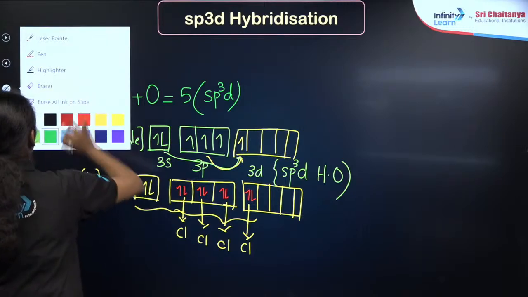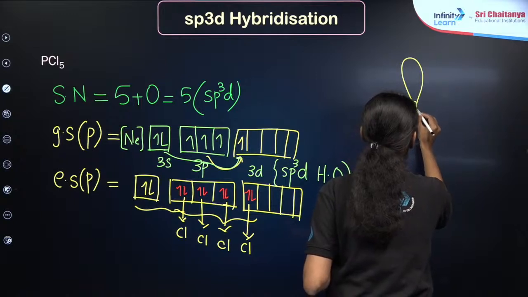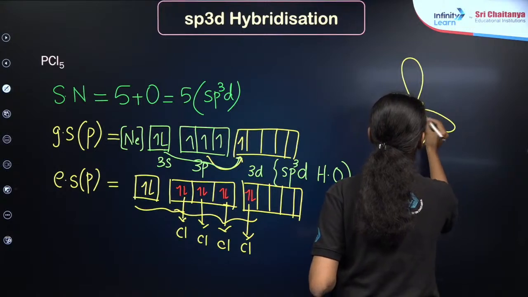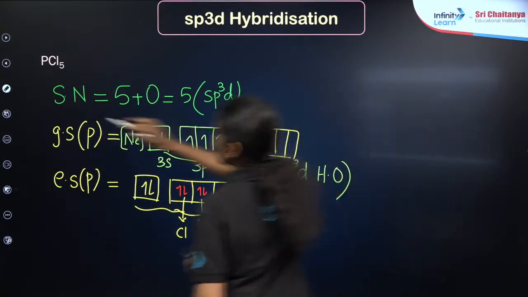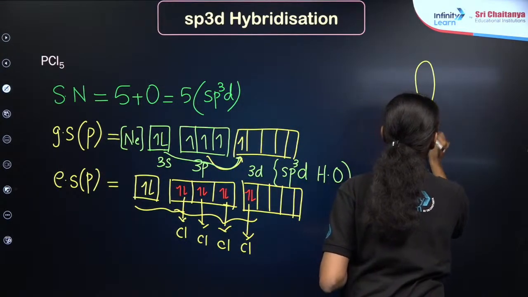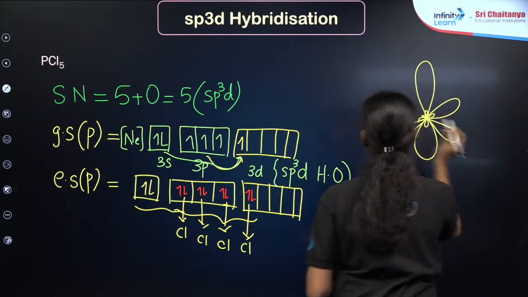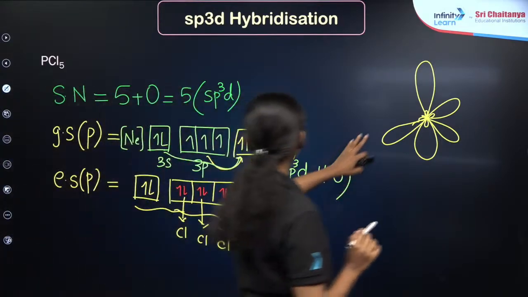So finally the structure will be like this. This will be the sp3d hybridized orbital.